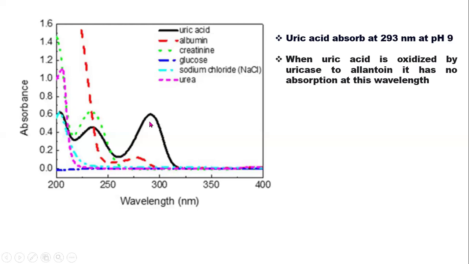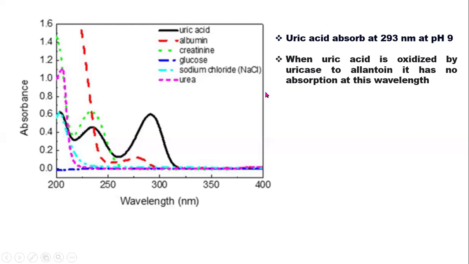So it's possible to carry out an estimation to measure the activity of this enzyme uricase, or also quantify the amount of uric acid that is present, because you carry out the absorption spectrum to see whether there is absorption maximally at this region.